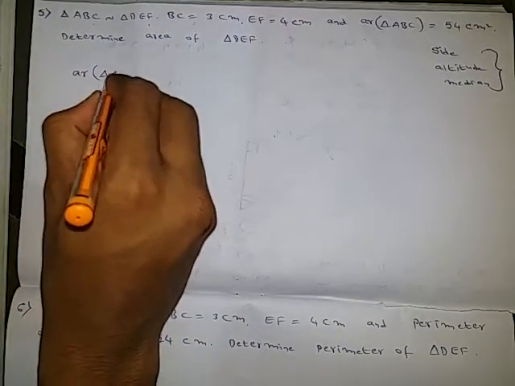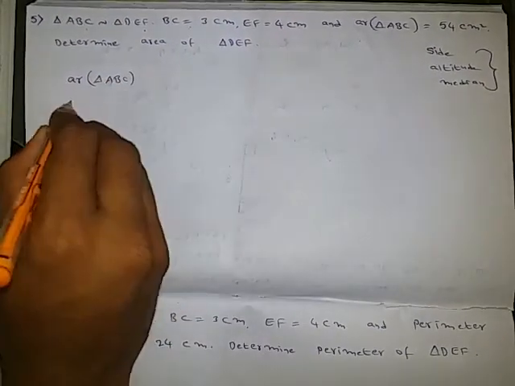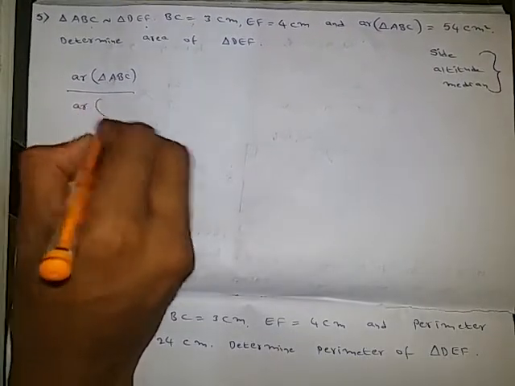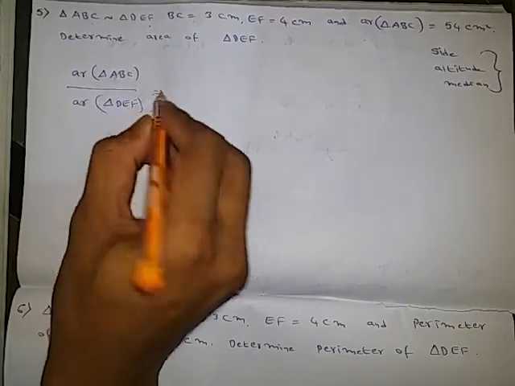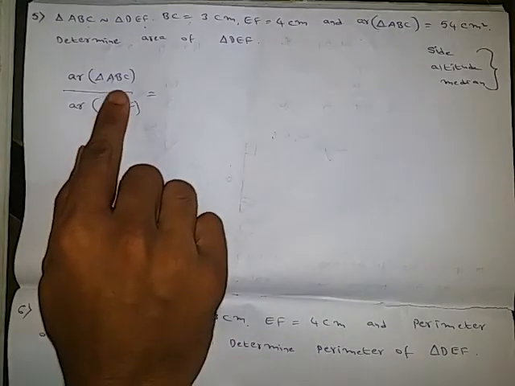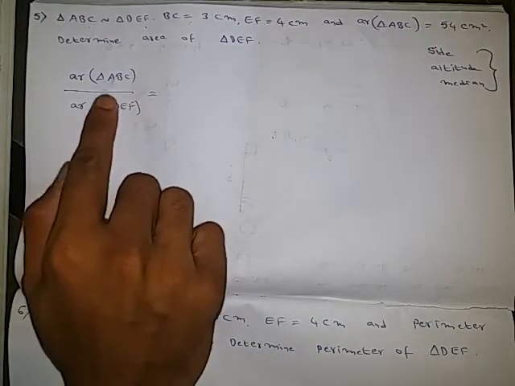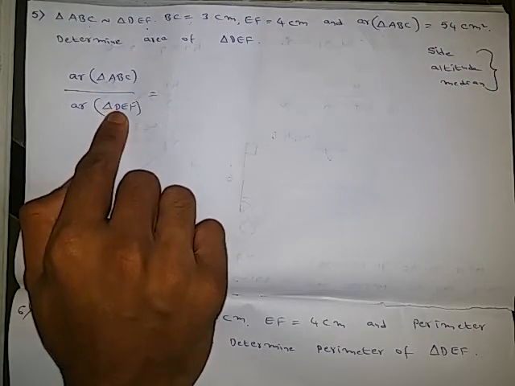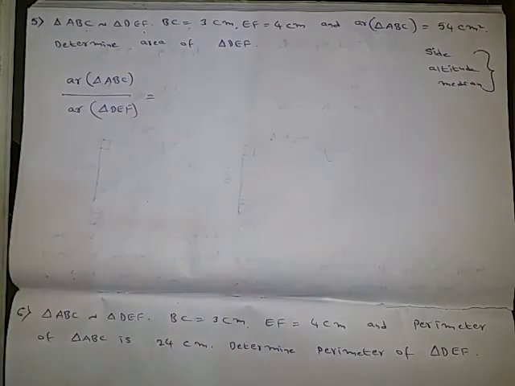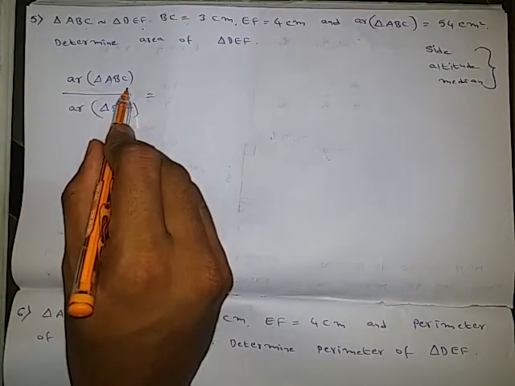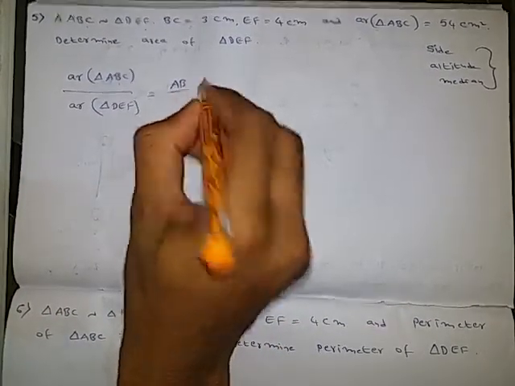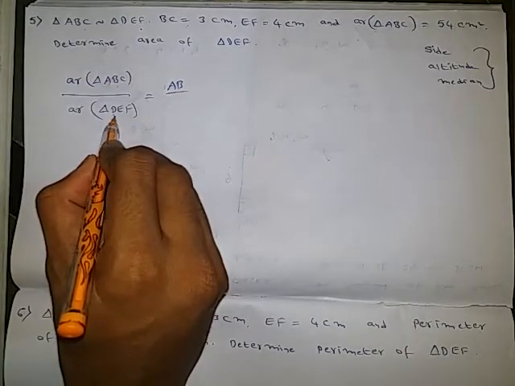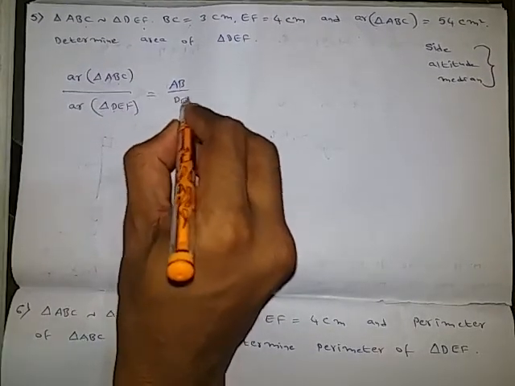Area of triangle ABC divided by area of triangle DEF, that is area of the first triangle divided by area of the second triangle, is equal to, from the first triangle any side, say AB, from this also you need to take the first two alphabets only, that is DE.